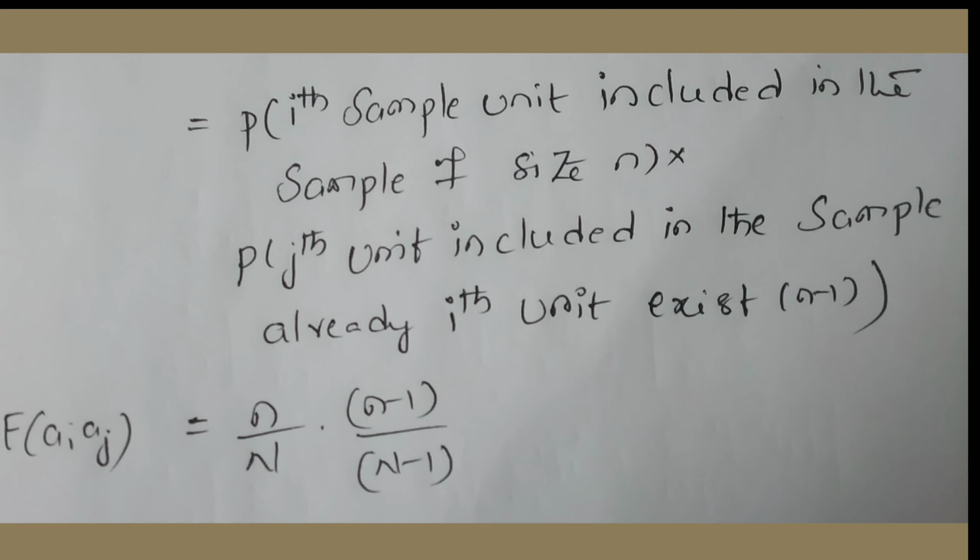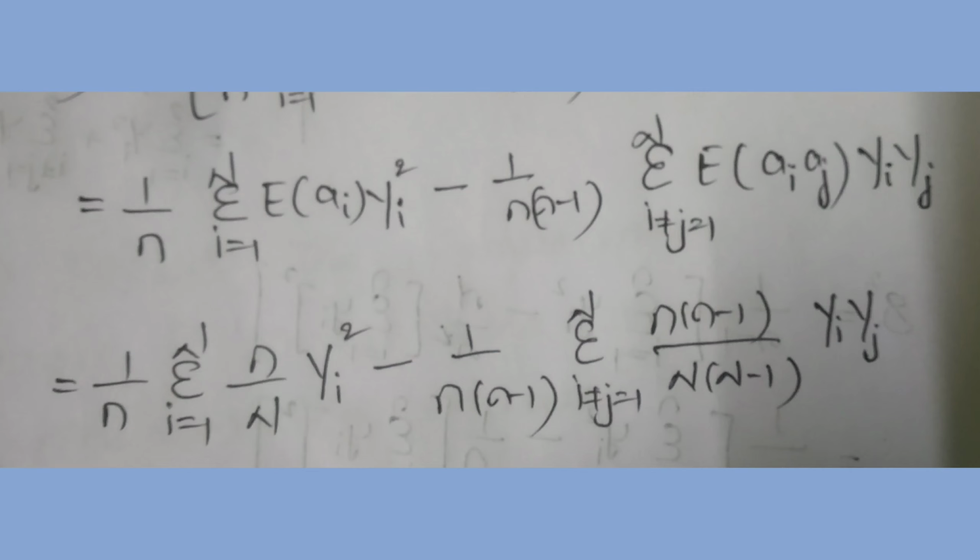So finally we get the expectation of ai aj equals small n by capital N into n minus 1 by capital N minus 1.